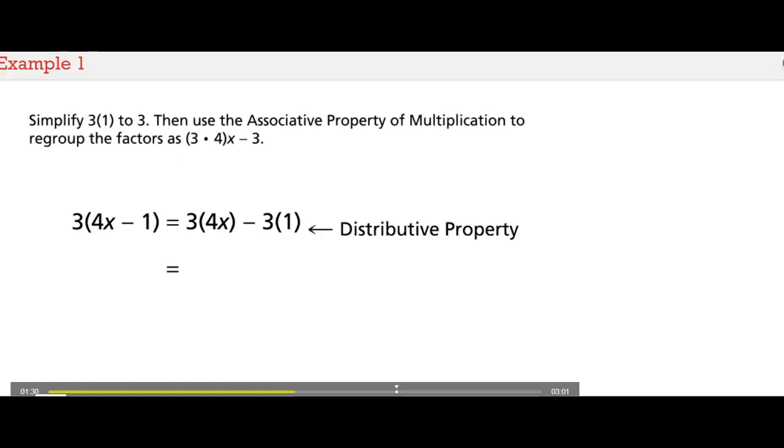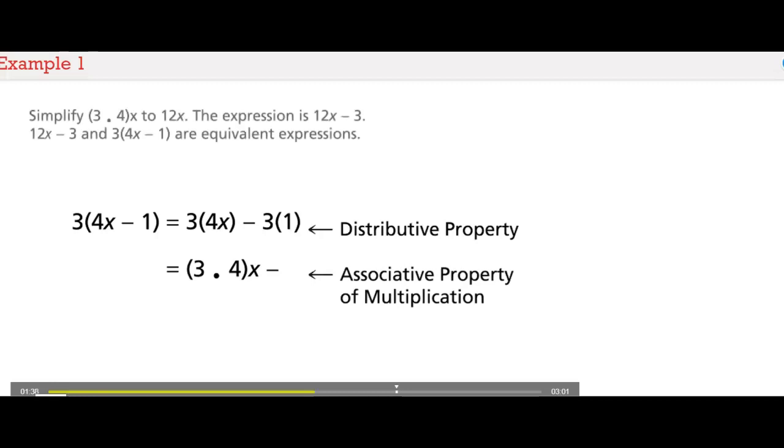Then, use the associative property of multiplication to regroup the factors as 3 times 4x minus 3. Simplify 3 times 4x to 12x. The expression is 12x minus 3. 12x minus 3 and 3 times the quantity of 4x minus 1 are equivalent expressions.